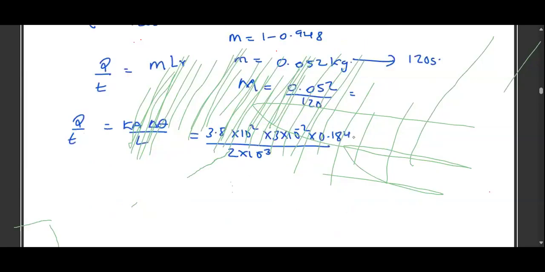Then this one is equivalent to M L V. So you have 3.8 times 3, 0.184, divided by 2 times 10 power negative 3.